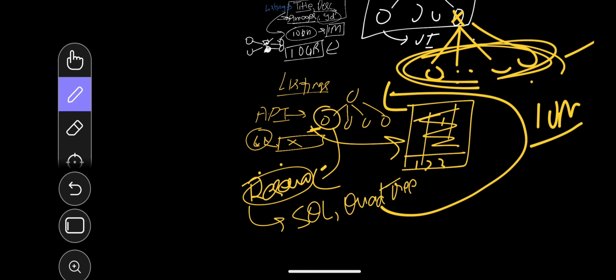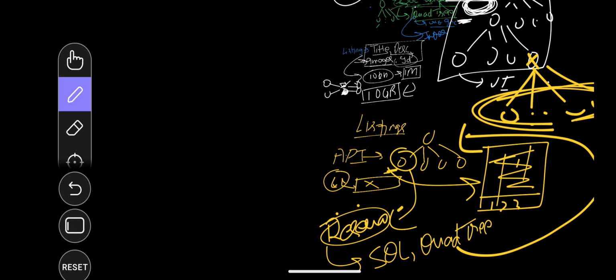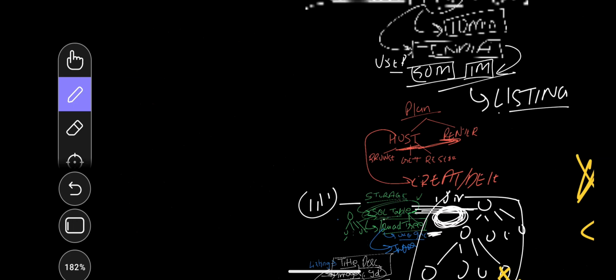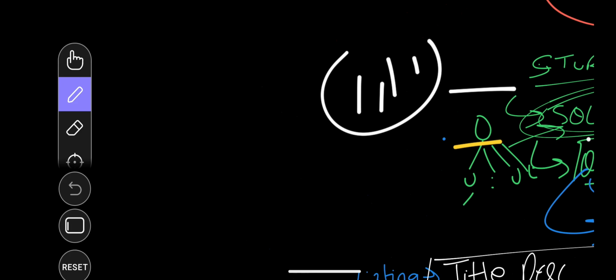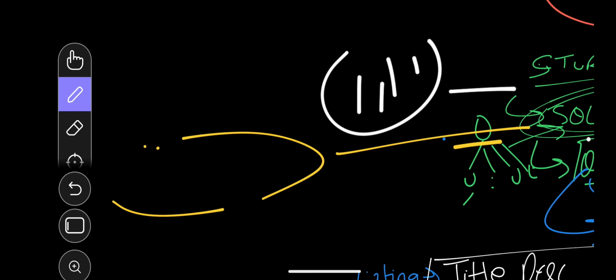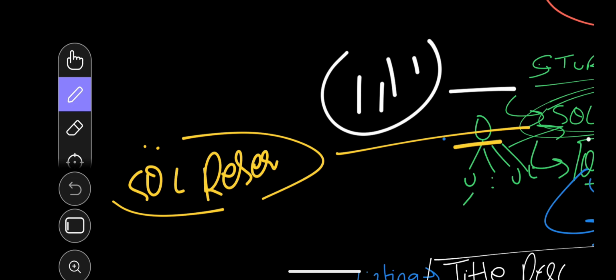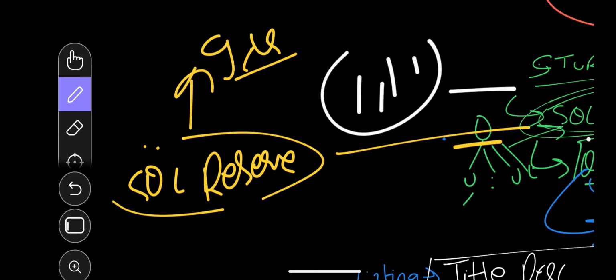So we can have a second SQL table for reservations. This is the main one, but we can have a separate SQL table for reservations. From here, we will be holding the list of IDs, as well as the date ranges and timestamps.